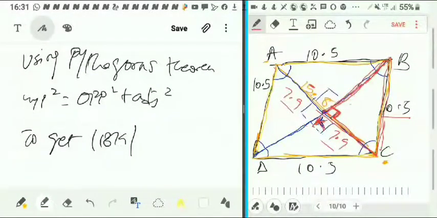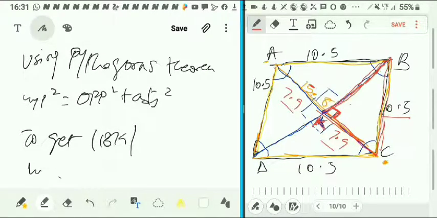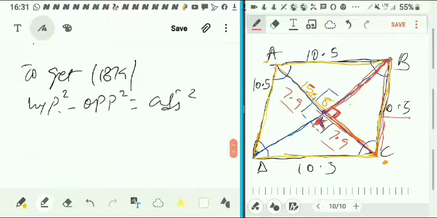Let me call it the adjacent. It's the angle that will tell me which is opposite or adjacent, and in this case I don't know, so I'm just assuming. So hypotenuse squared minus opposite squared equals adjacent squared.